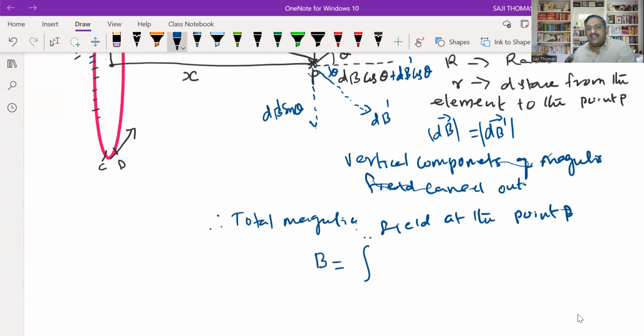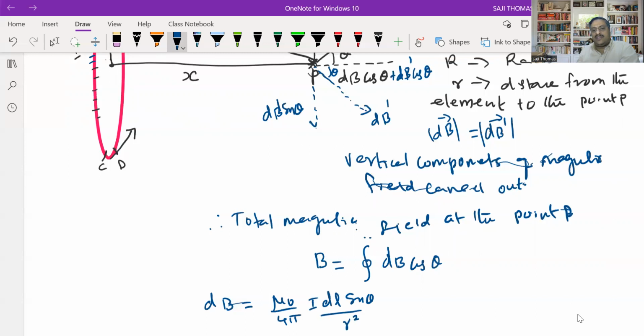You are integrating over the circular loop, so you put a closed loop integral of dB cos theta. All add together. And you know the equation for dB, mu 0 by 4 pi I dl sine theta by r square.